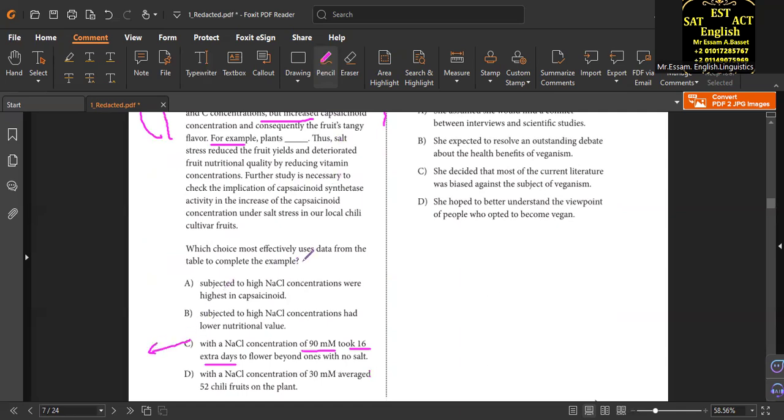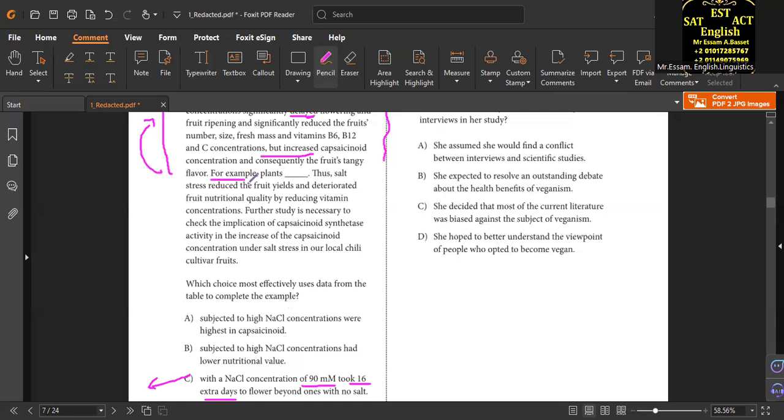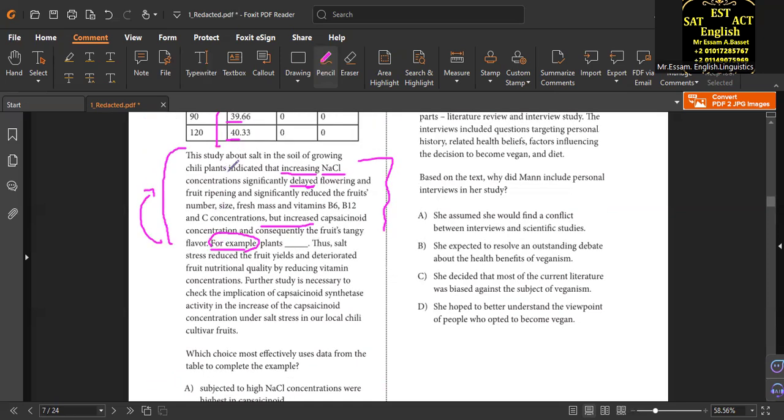So what does it mean? If I ask you to complete something, you complete the style of writing. He said, for example, for what? An example means to support the main idea as it is. If this is negative, you need a negative example. If positive, we need a positive example. And it's something related to the previous content. So he said concentration of NaCl.